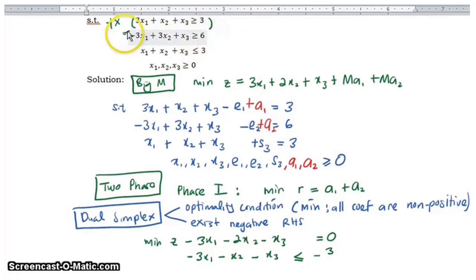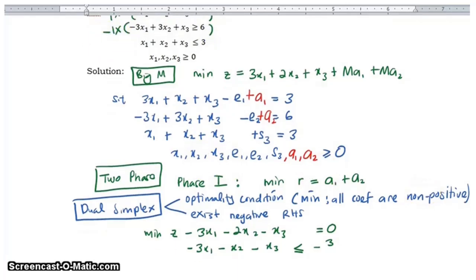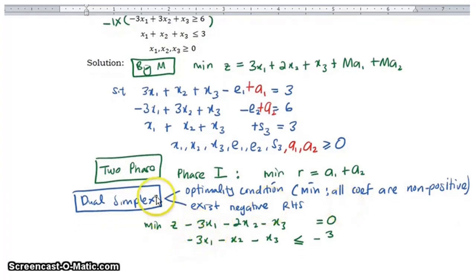Let's multiply this constraint by -1. We will get -1 times -3 is positive 3x1 minus 3x2 minus x3, and the right hand side is -6, and also the sign will change to less than or equal to.